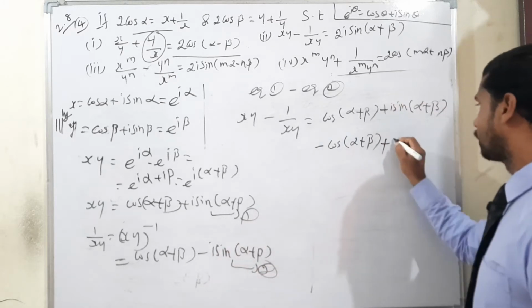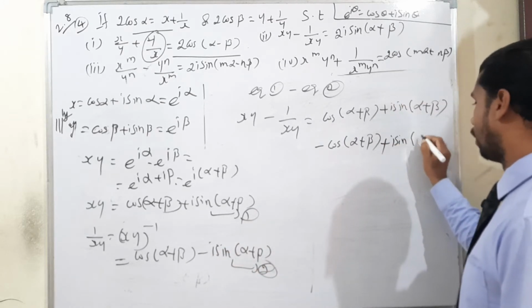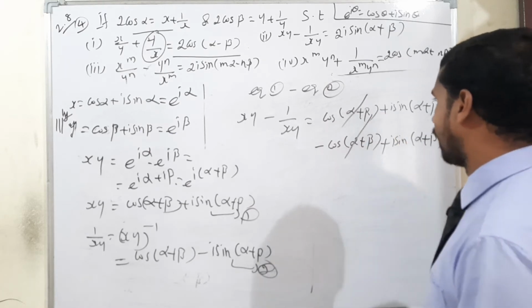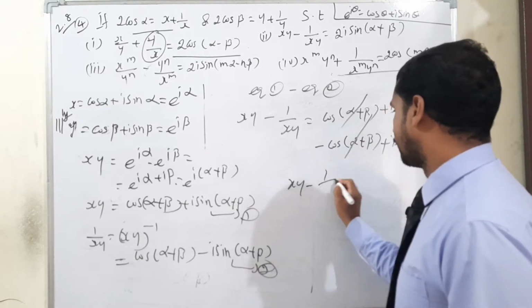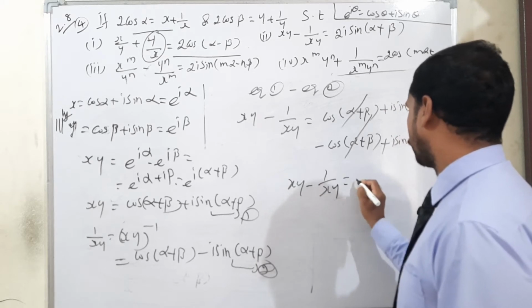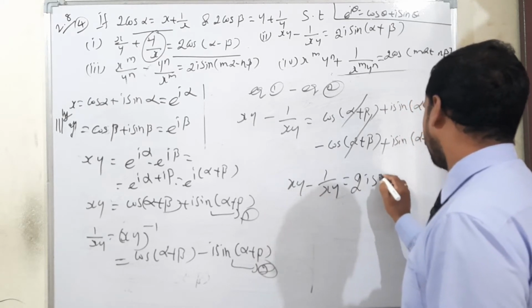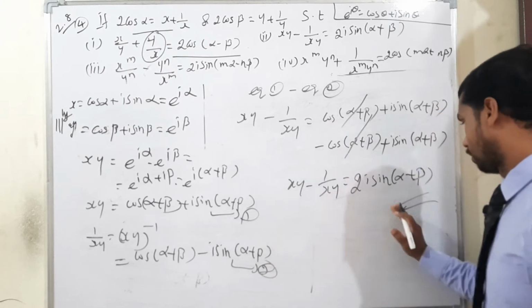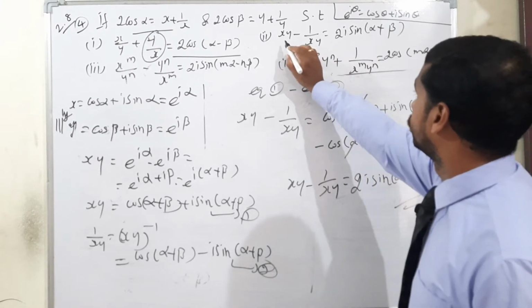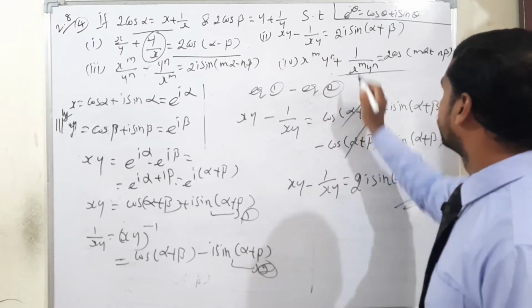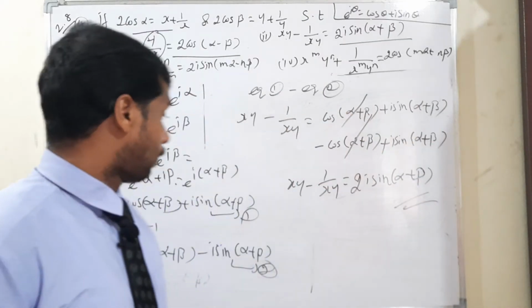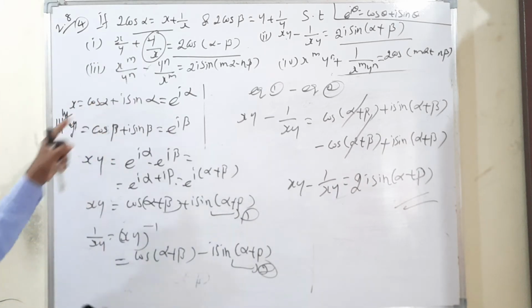Therefore minus into minus gives plus i sin of alpha plus beta. So plus cos alpha and minus cos alpha cancel, and the final answer is xy minus 1 by xy is equal to 2i sin of alpha plus beta. Okay, this is the right hand side, check it there. Subdivision 2, xy minus 1 by xy is equal to 2i sin of alpha plus beta. So the second term is also over. Moving to the third condition.